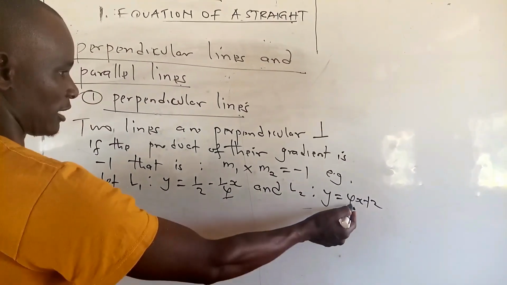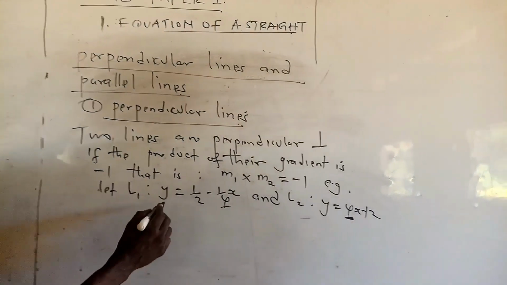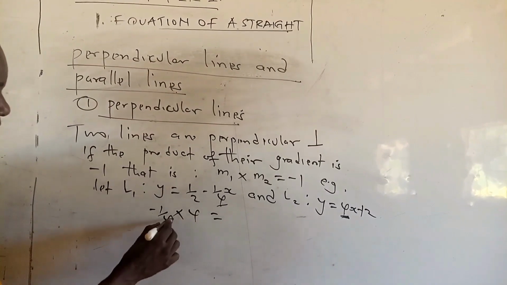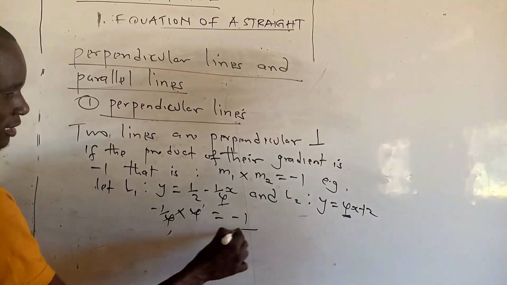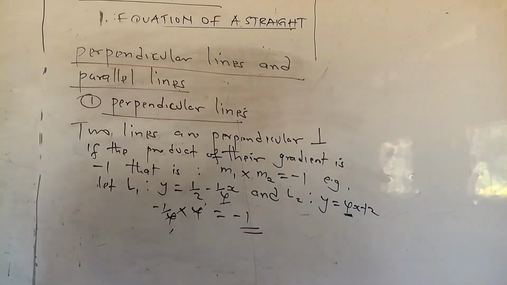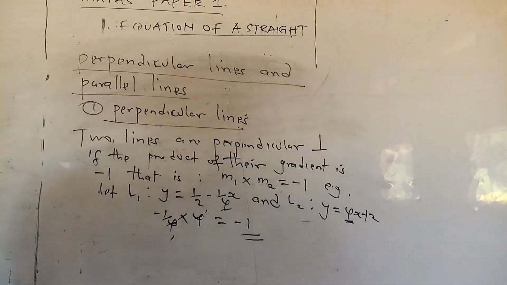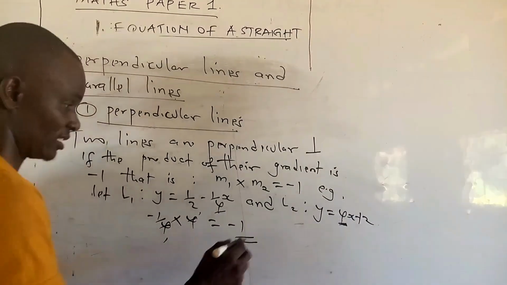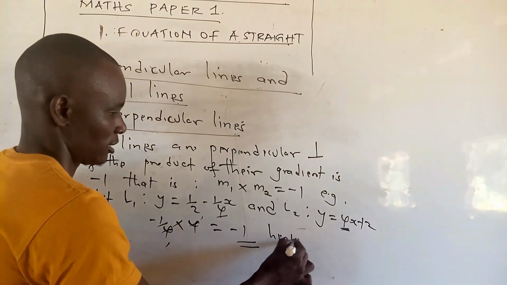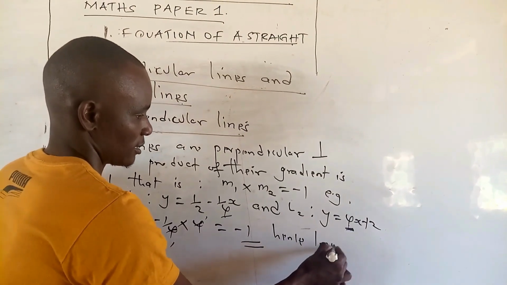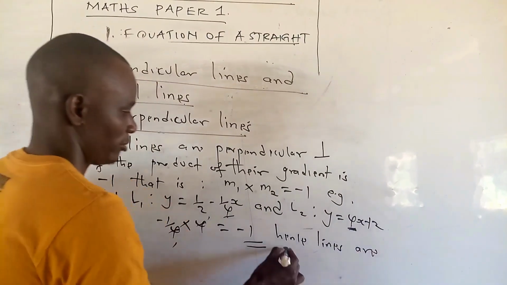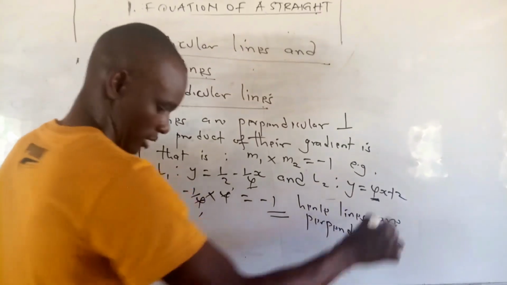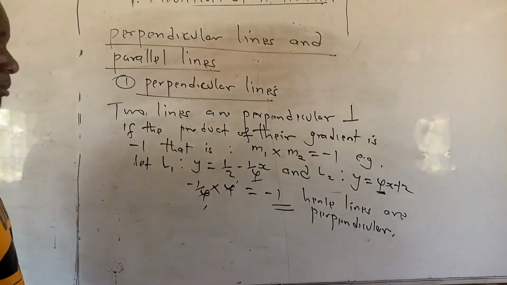If you multiply these two gradients, -1/4 multiplied by 4 gives us -1. So whenever we have two lines that are perpendicular, the product of their gradients is always -1. Hence, the lines are perpendicular.